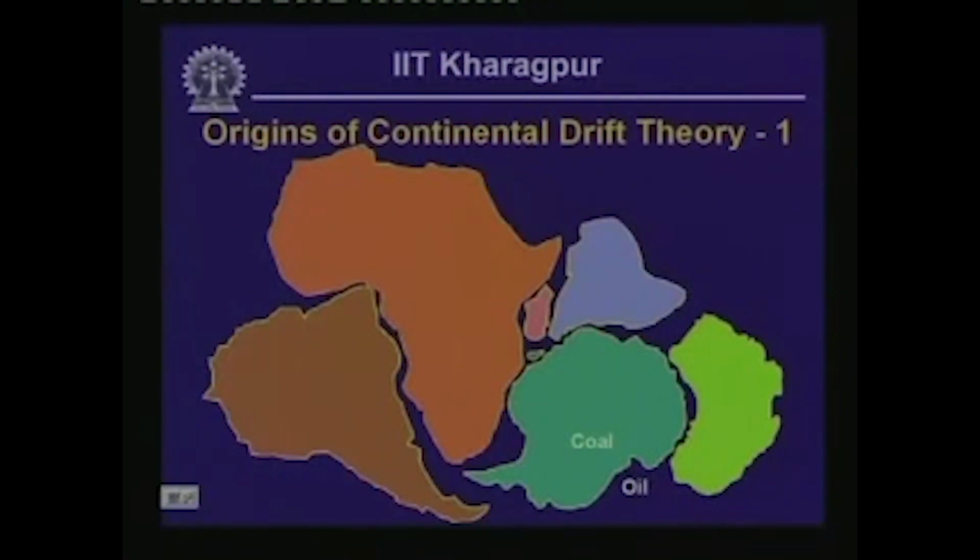So obviously there was a time when the temperature of Antarctica was much greater than what it is right now, and vegetation and organisms were there in that continent in great abundance, and decay of those organisms and vegetation gave rise to the development of the coal and oil reserve in that area.